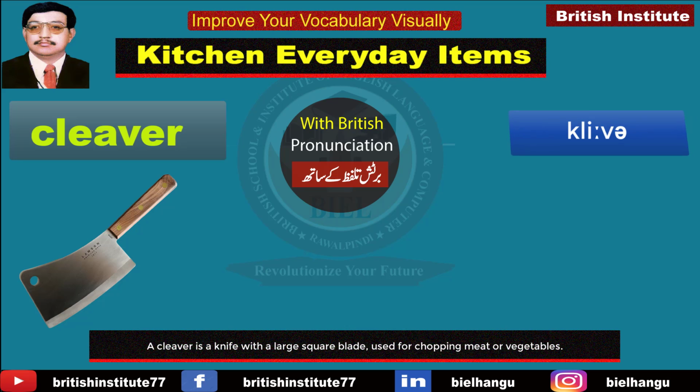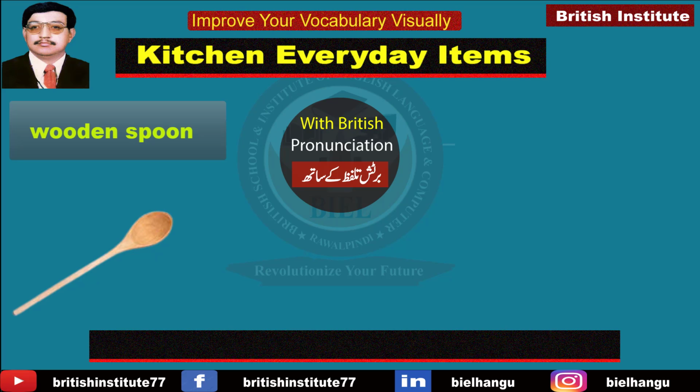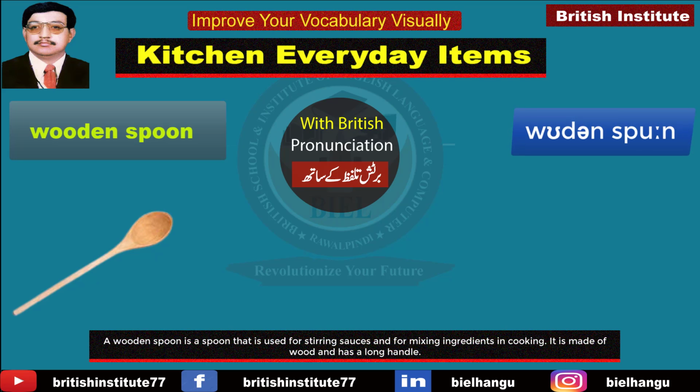A cleaver is a knife with a large square blade, used for chopping meat or vegetables. Wooden spoon. A wooden spoon is a spoon that is used for stirring sauces and for mixing ingredients in cooking. It is made of wood and has a long handle.